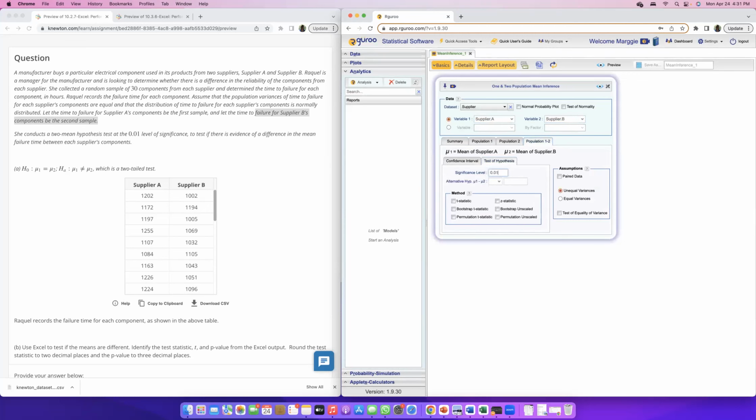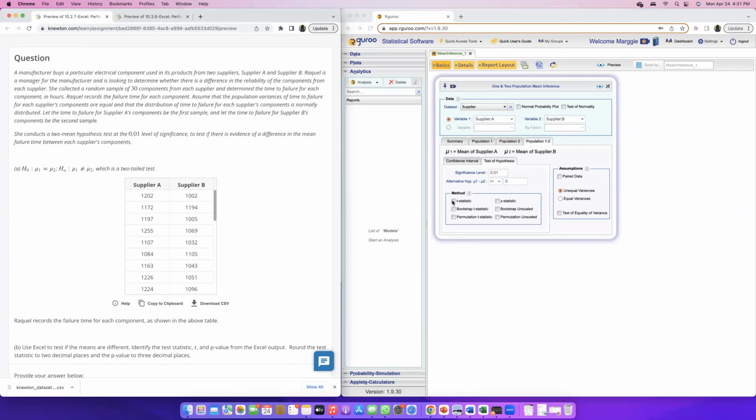We change this because we want to use a significance level of 0.01. Our alternative hypothesis is different than, and again, this is a 0 and this is coming from our alternative hypothesis. If we subtract mu2 from both sides, we have mu1 minus mu2 on the left, and then we have mu2 minus mu2, which is a 0 on the right.